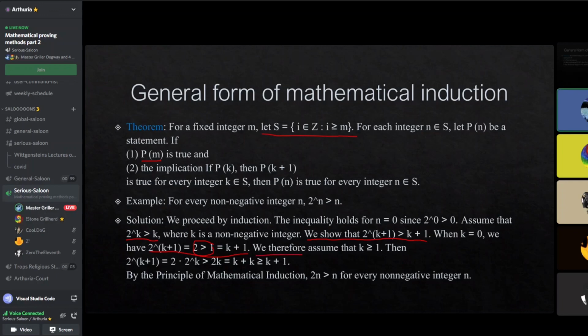Now we can say that k is greater or equal to 1. And then we just put the same thing back in. 2k plus 1 is equal to 2 times 2k, which is greater than 2k. This inequality is not obvious, by the way, but it follows.